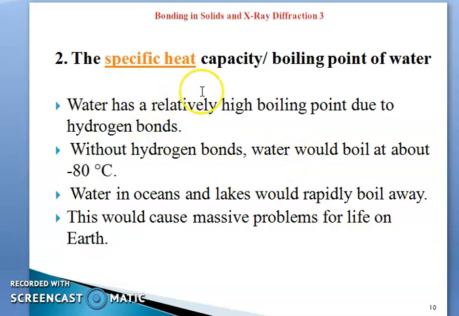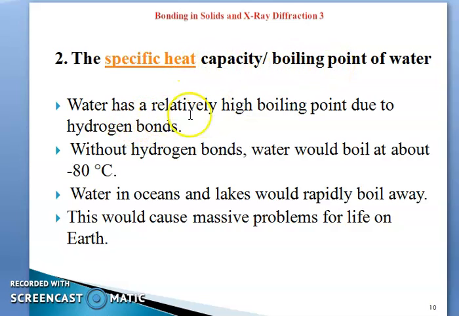If there is an absence of hydrogen bonds, then what happens? Water in oceans and lakes would rapidly boil away, getting evaporated. This would cause a massive problem for life on the earth. So hydrogen bonding is very important.